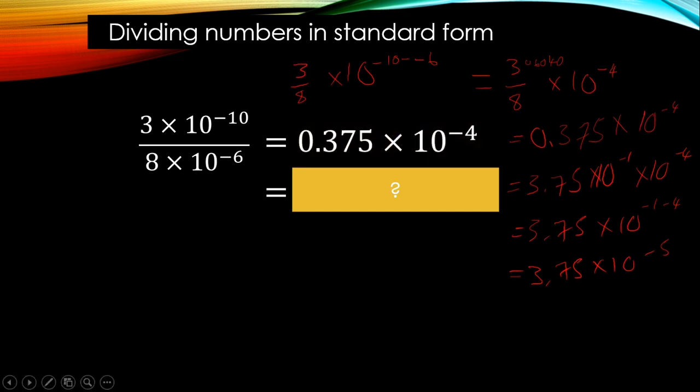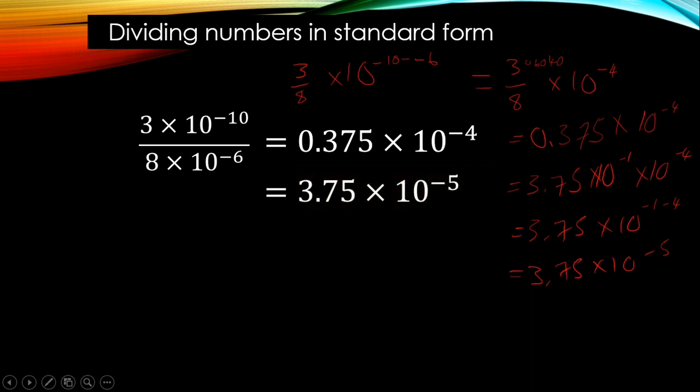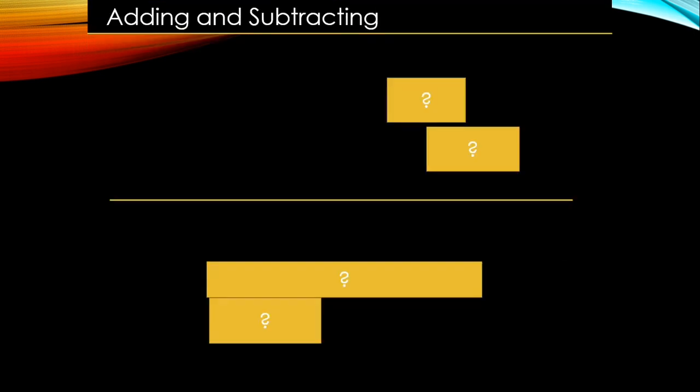Let's cross check. 0.375 times 10 to the power minus 4, which is this step here, and then finally 3.75 times 10 to the power minus 5.